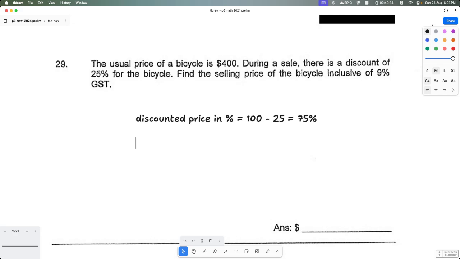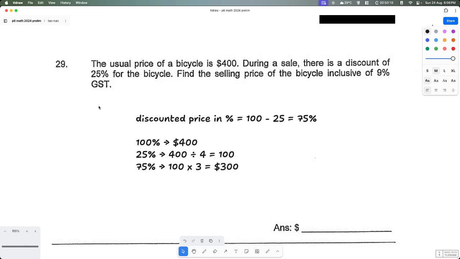Okay, so 100% is equal to $400. Then 25% is equal to 400 divided by 4, which is $100. So 75% is equal to 100 times 3, which is $300.